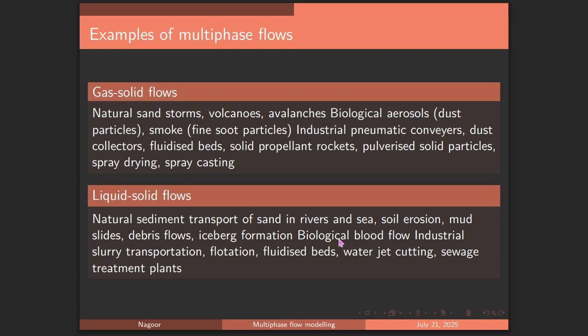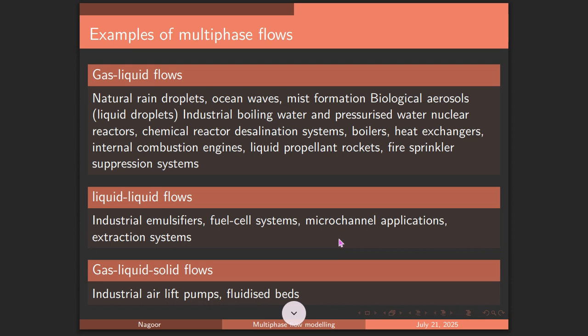And liquid-solid flow: natural phenomena in environmental flows in rivers, sea, soil erosion, iceberg formations, blood flow, non-Newtonian blood flow, industrial slurry transportation, water jet cutting, and sewage treatment plants.